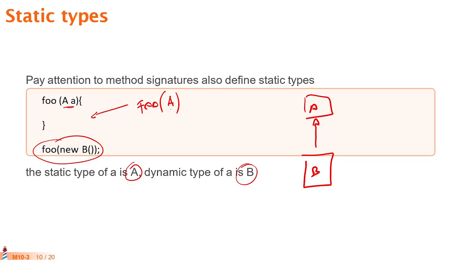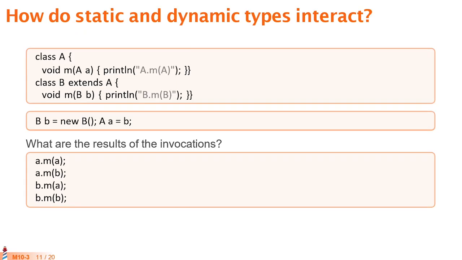This is important for the method lookup. We will see it in the examples.